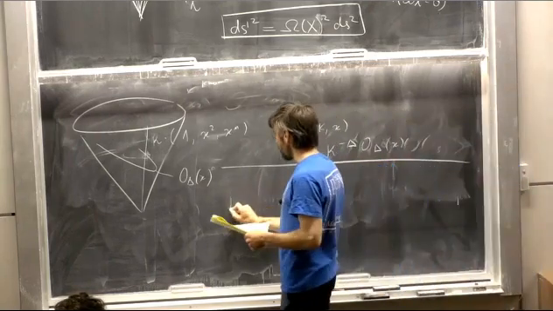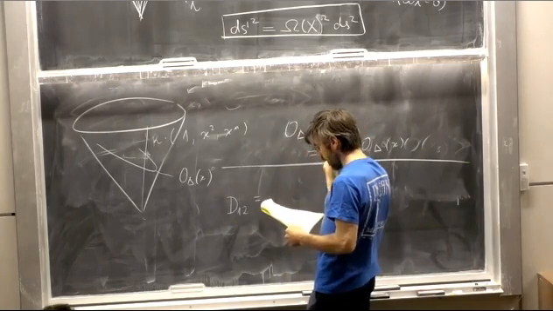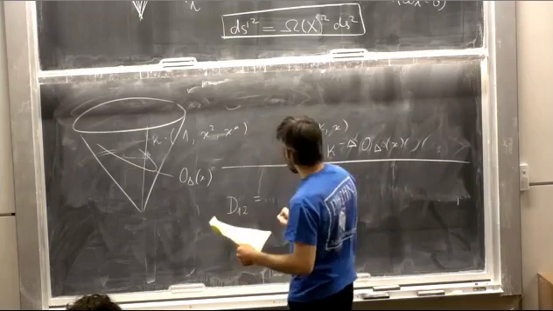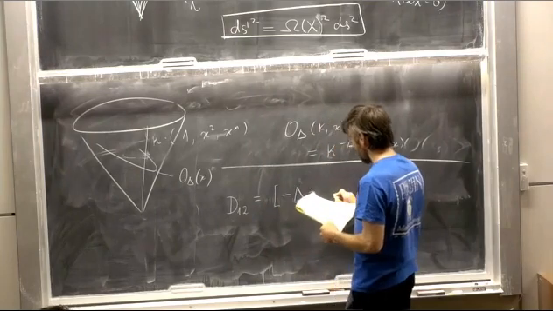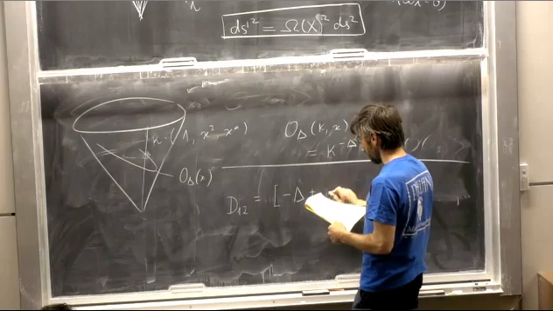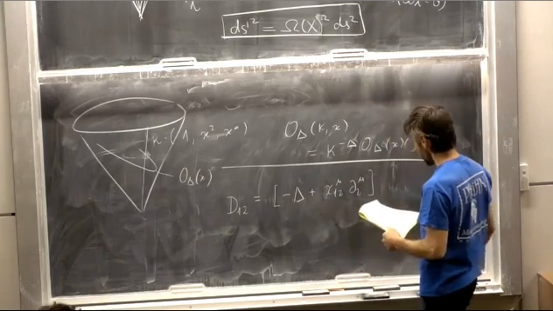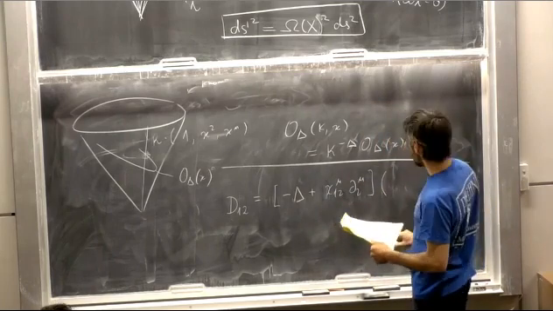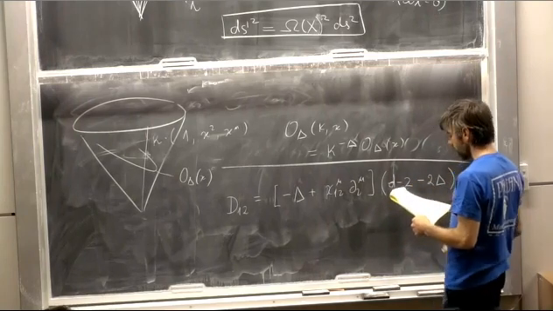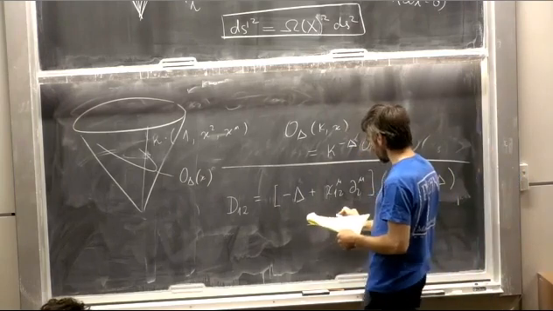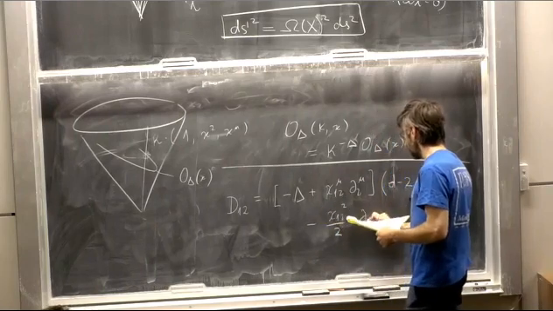And so when you do this calculation, you find that d12 is equal to, as I already wrote down there, minus delta plus x12 mu d2 mu, then this factor, which is d minus 2 minus 2 delta. And then finally the last operator becomes equal to minus x12 squared over 2 times the Laplacian d2 mu squared.